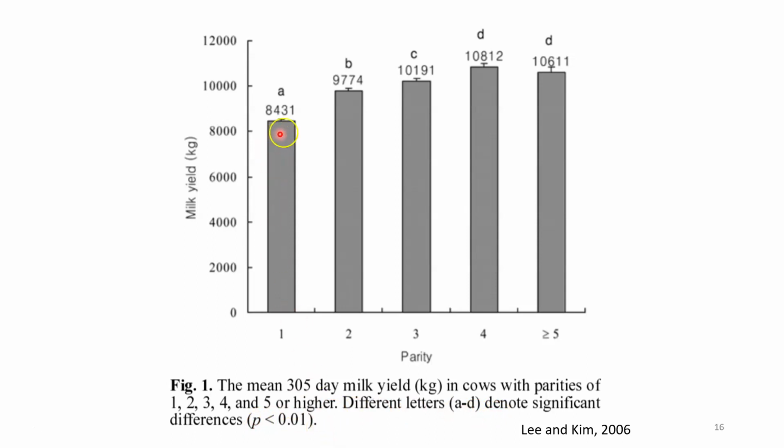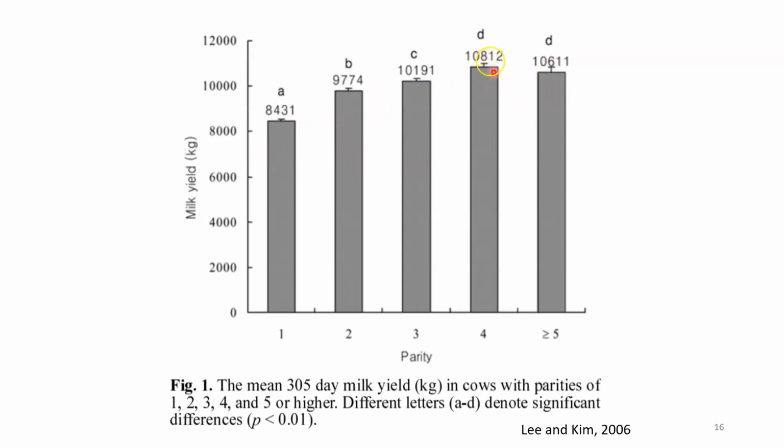So A, B, C, D are different, but what shows here is that milk yields after 5 are in the same group as fourth lactation. They are not different to fourth lactation, so they are still higher than first, second, and third.